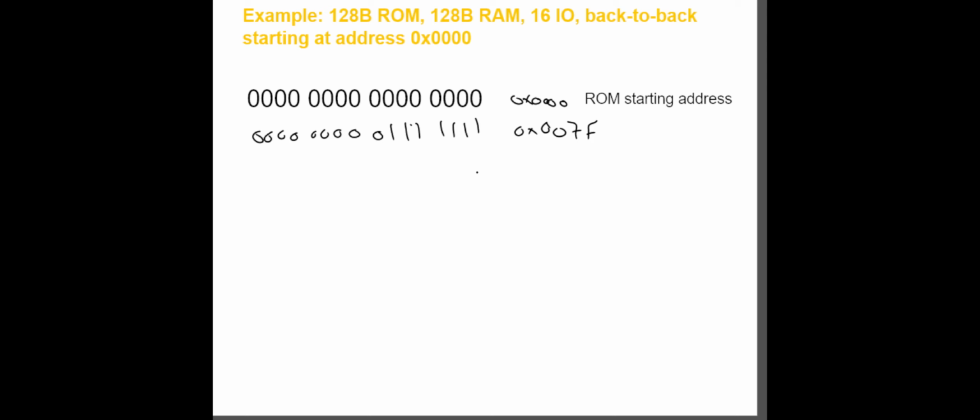The RAM will start immediately after that. So if I add 1 to this range right here, I end up with 1, 0, 0, 0, 0, 0, 0, 0. Then those are also zeros. And then the RAM is also 128 bytes or 128 locations. Each location is holding 1 byte. So I also flip those bits to 1.